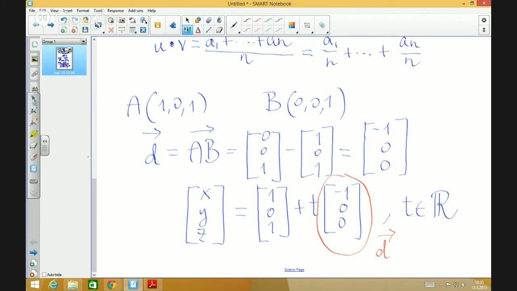Okay, the question is, can you explain the last line? Well, this is the equation for a line that goes through a point.